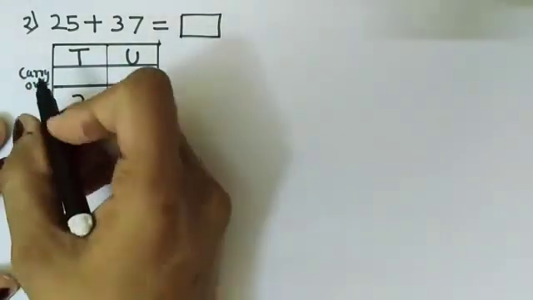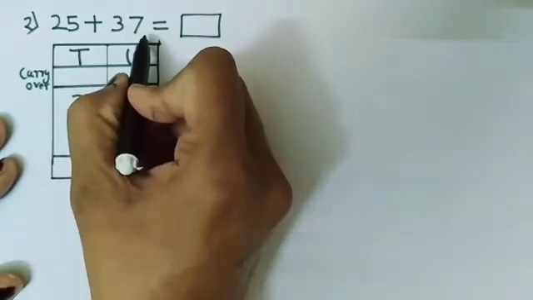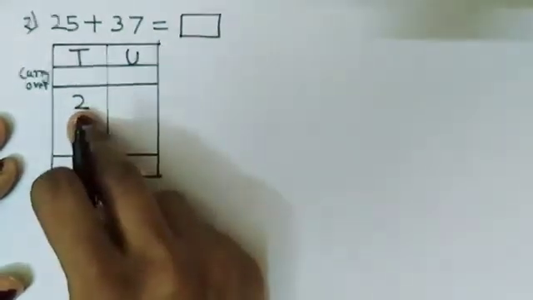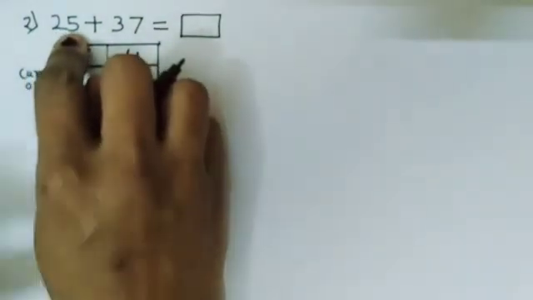Children, we have here one sum of addition, 25 plus 37. So first we have to put these numbers in the table. Here we have 25 means 2 tens and 5 units.